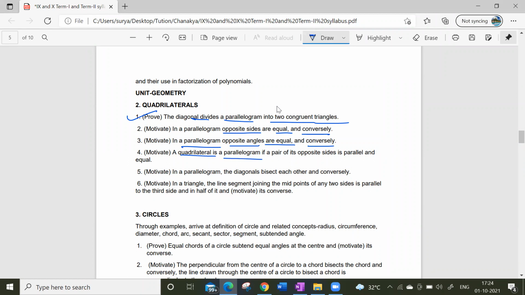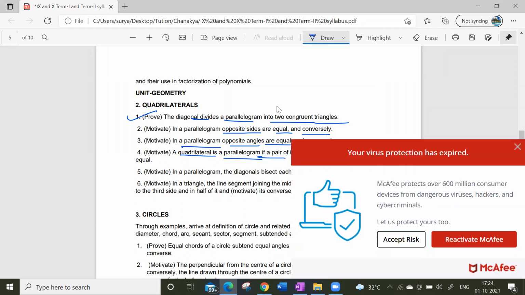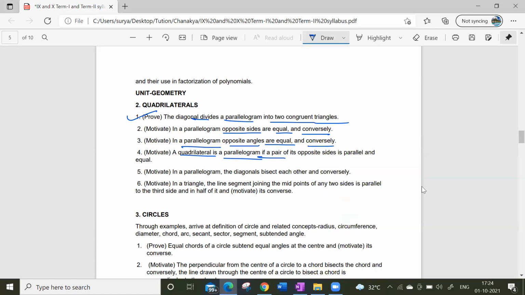A quadrilateral is a parallelogram if a pair of its opposite sides is parallel and equal. In a parallelogram, the diagonals bisect each other and conversely. In a triangle, the line segment joining the midpoints of any two sides is parallel to the third side. We'll learn all this now.